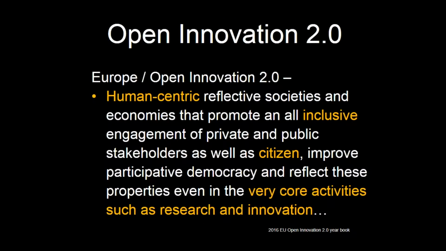Probably the best example of this at a policy level is the idea of Open Innovation 2.0, which is a European level policy for open innovation. This puts people right at the center. It's about human-centered, reflective societies and inclusive engagement of not only private and public stakeholders, but also citizens, and embedding those in the very core activities of research and innovation.